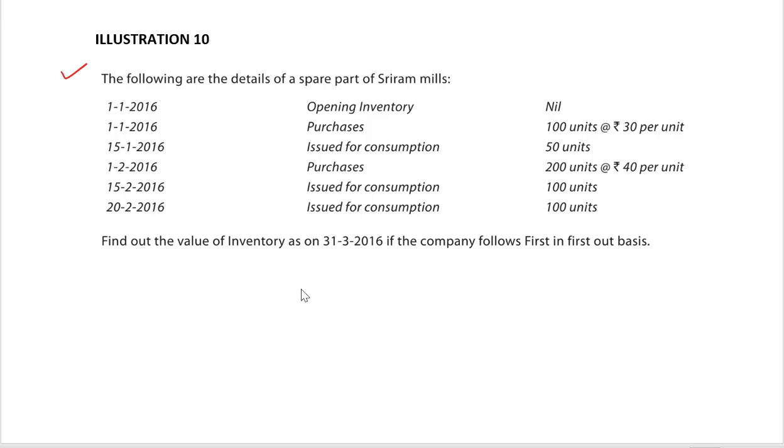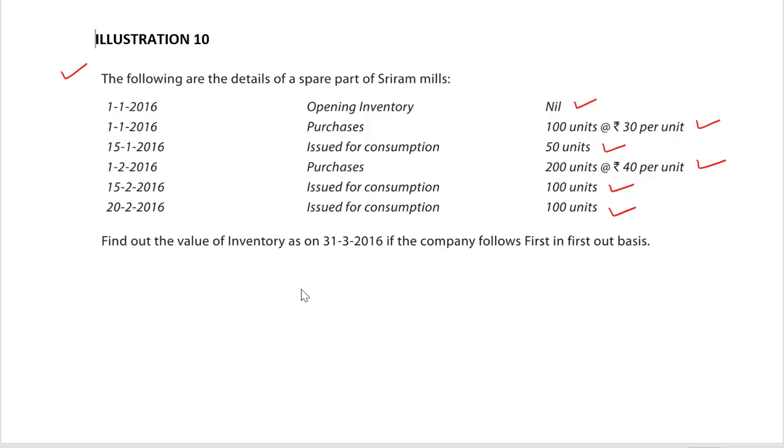The following are the details of spare parts of Shriram Mills. 1st January 2016, the opening inventory is 10,000. 1st January 2016, there is a purchase of 100 units at 30 per unit. 15 January 2016, issued for consumption 50 units. 1st February 2016, purchases is 200 units at 40 rupees per unit. 15 February 2016, issued for consumption 100 units, and 20th February 2016, issued for consumption is 100 units.